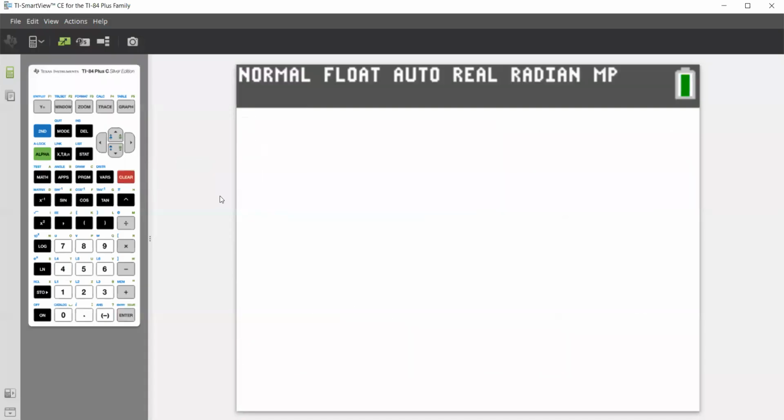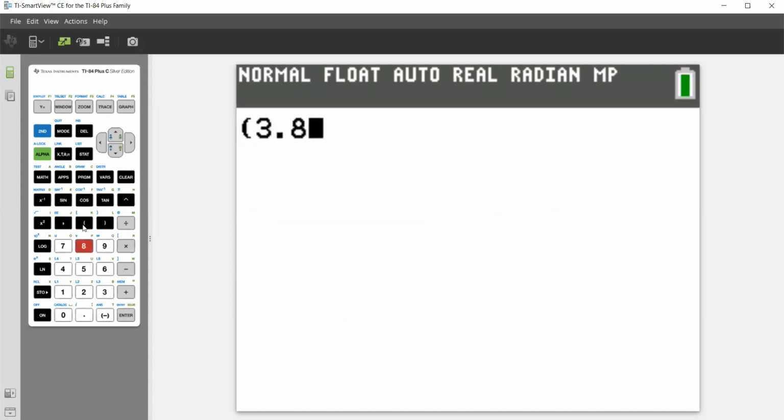Okay. Back to the calculator. Since I'm starting something new here, I'm going to clear this out. And actually, I think I am going to have the right problem here. Yeah, I'm going to do the test statistic here. I'll just do it pretty quickly.